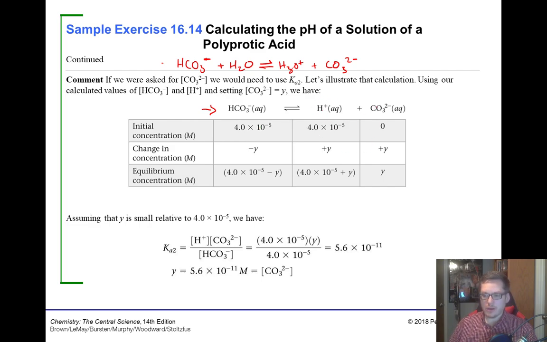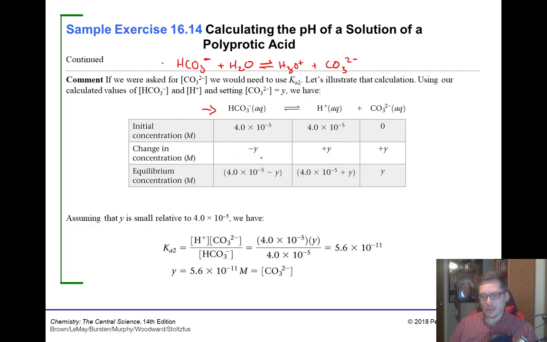But our initial concentration of carbonate is equal to 0 because we didn't have any of that from our previous reaction. Now they've used y's instead of x's, so you subtract x, and add x and y.